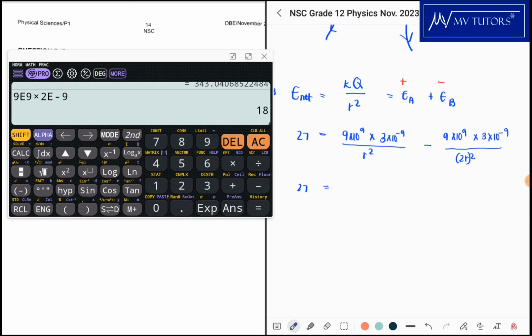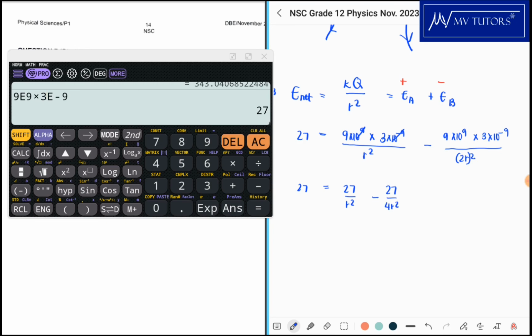I expected 27, yes, because the 10 to the 9 cancels. Then you have 9 times 3, which is 27, over R squared. And then same thing again, minus 27 over 4R squared.